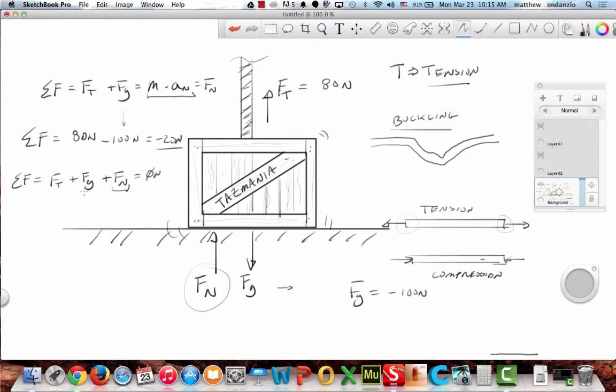So where's the normal force in this? Let's talk about this example. Talk to me about what was going on. I'm the rope pulling up, and she is the crate.